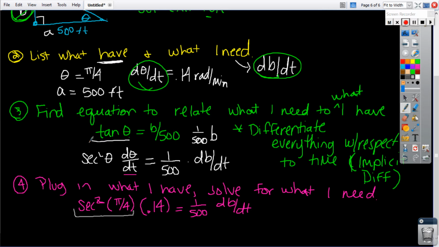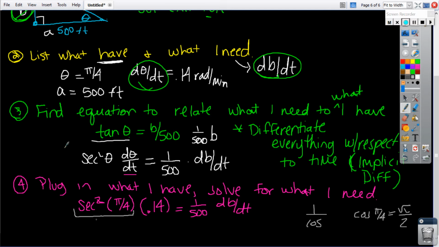Secant squared theta: remember, secant is 1 over cosine. If you go to your unit circle to pi over 4, you will see that the cosine of pi over 4 is the square root of 2 over 2.